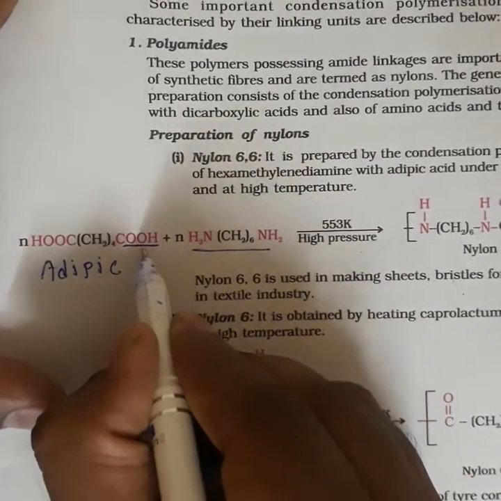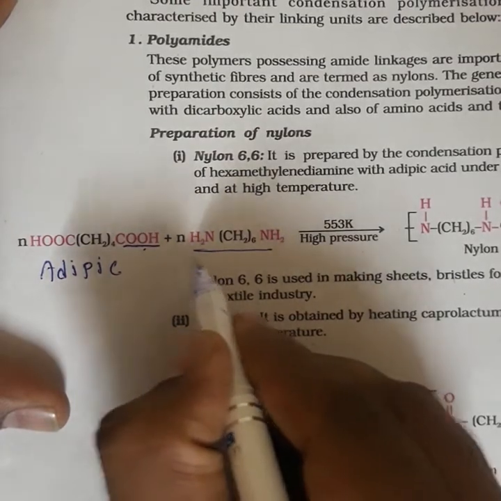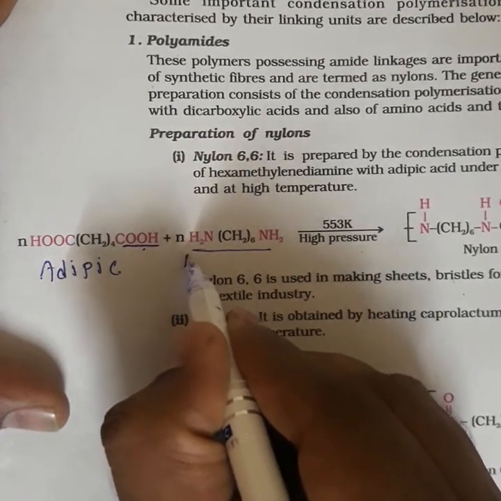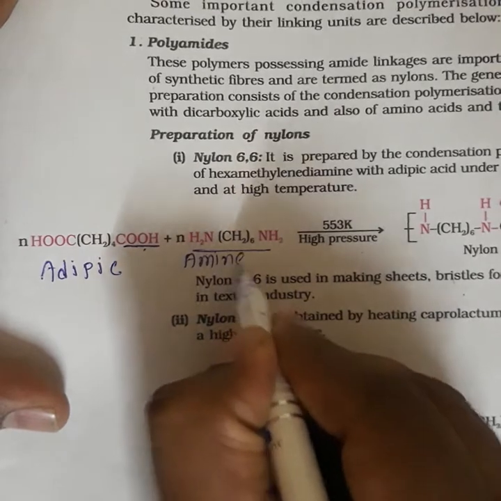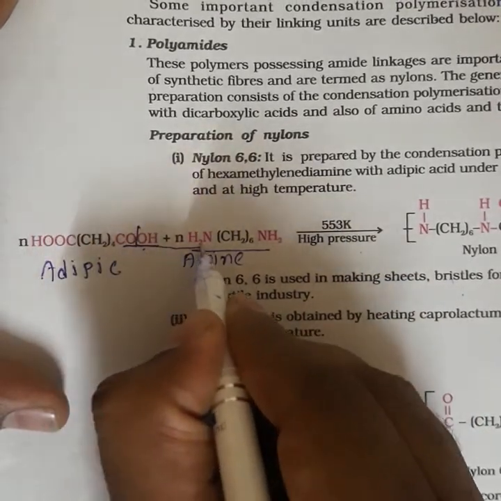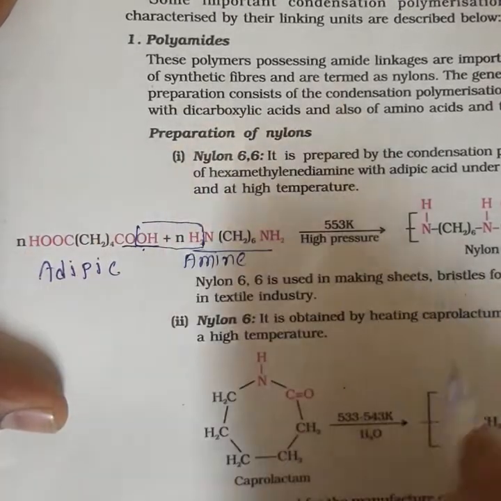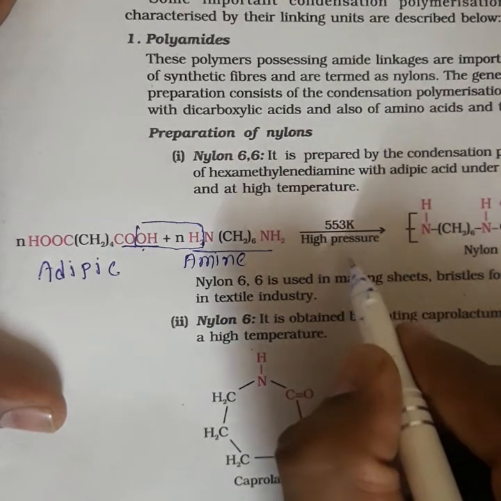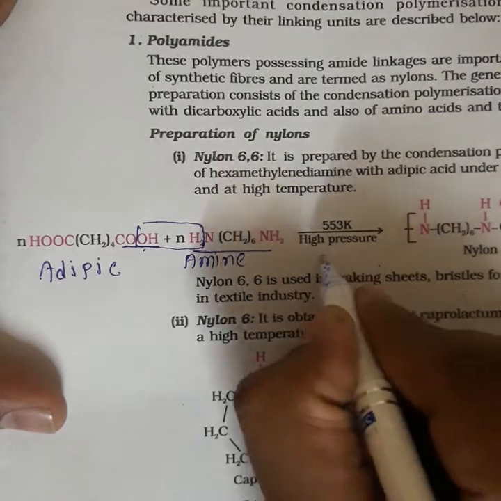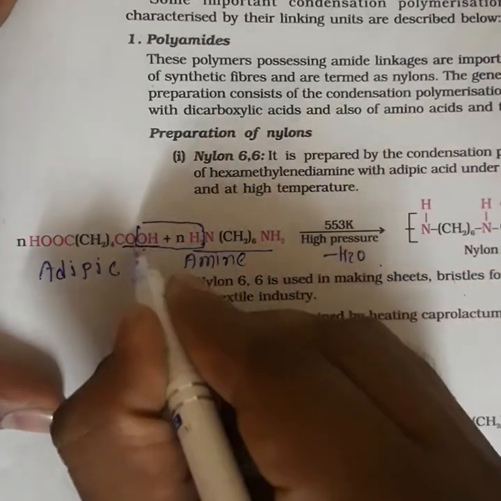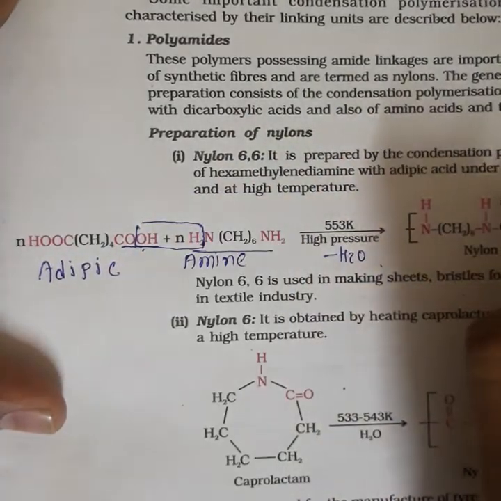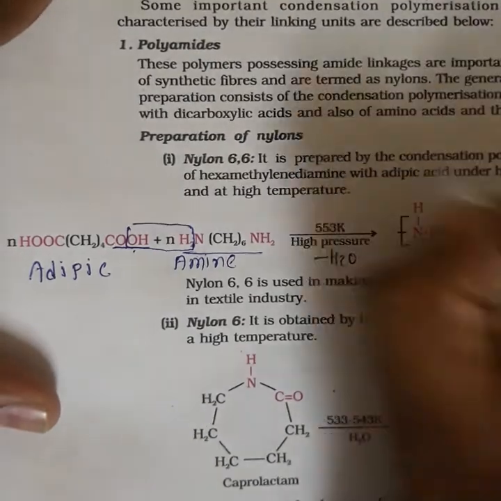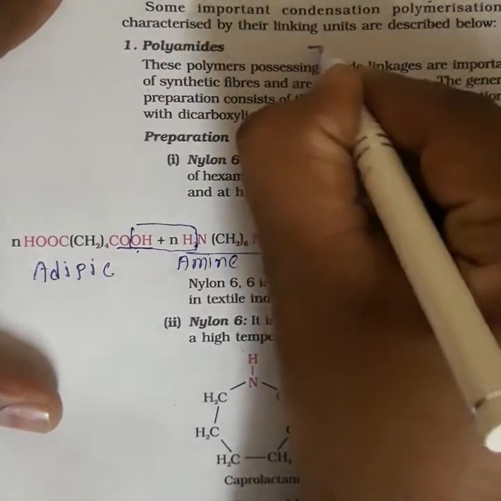So carboxylic acid and amine groups are there. OH group from the carboxylic acid and hydrogen from the amine are removed at 553 Kelvin temperature and high pressure. They lose a water molecule and a CONH linkage is formed.